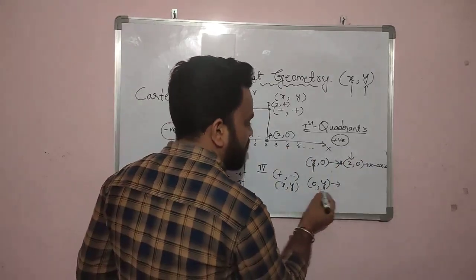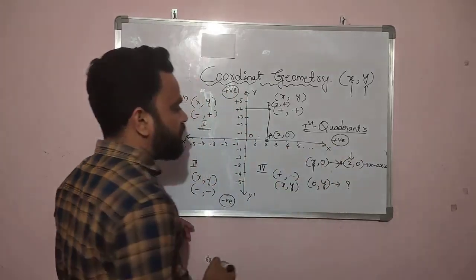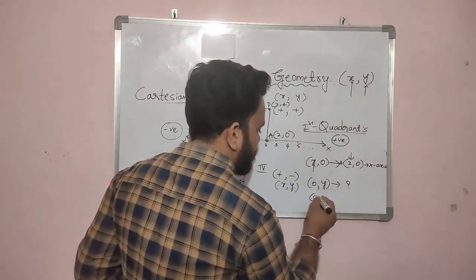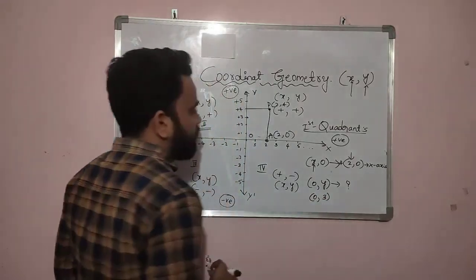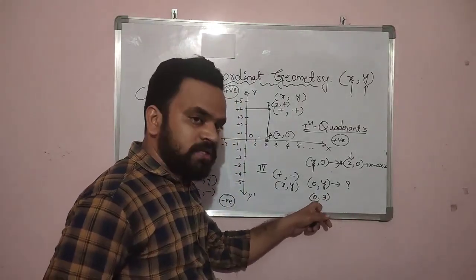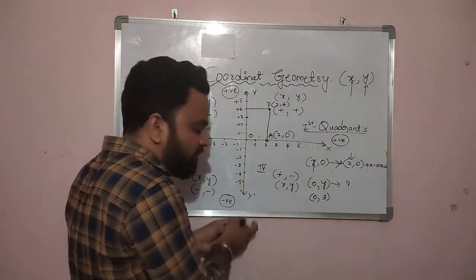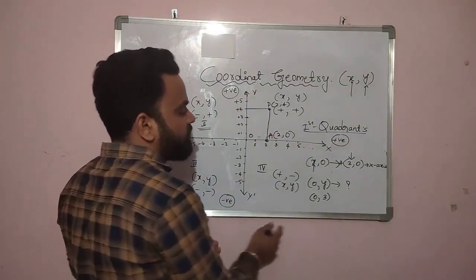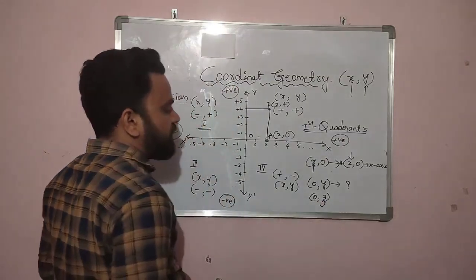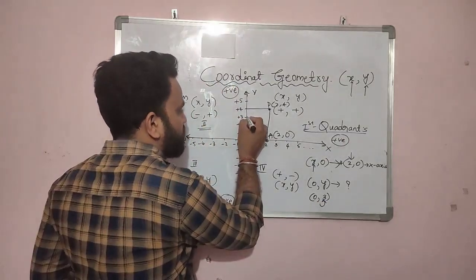And if the x value is 0, can you guess where the point will be? I will give one example: 0 comma 3. The x value is 0. Along this entire vertical line, the y axis, the value of x is 0, and the y value given is plus 3. Where is plus 3? Here is plus 3. So this will be the point.